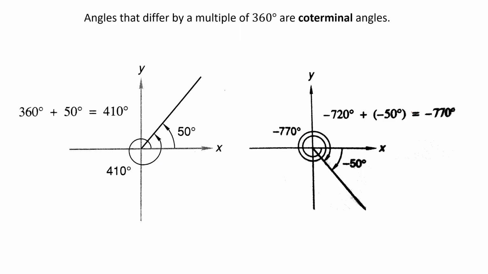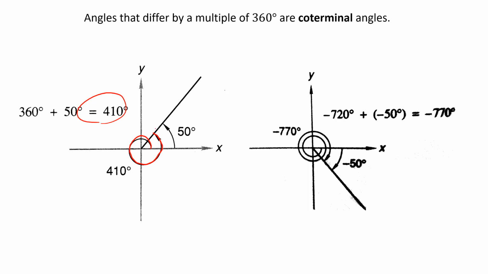All right, so if you have an angle that is greater than 360, if you were going to go to 410 degrees and you started at your initial side, the positive side of the x-axis, you would go 90, 180, 270, 360, and another 50 degrees.